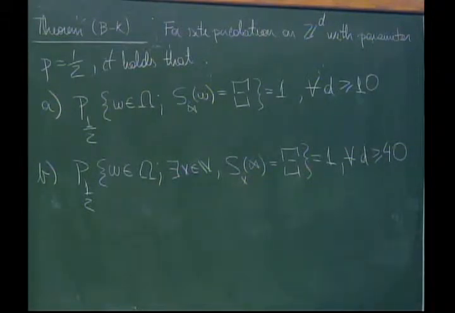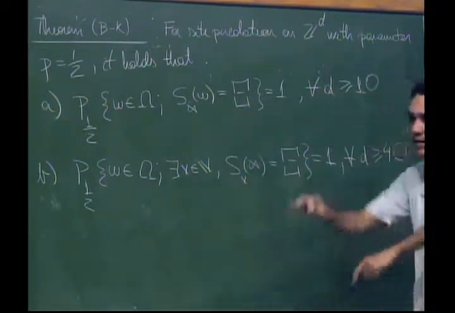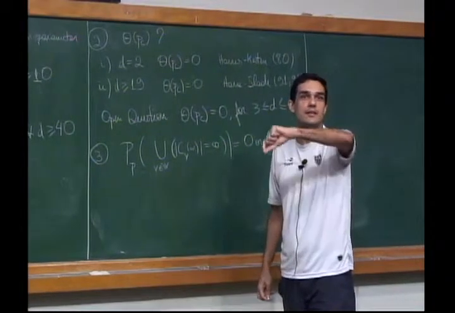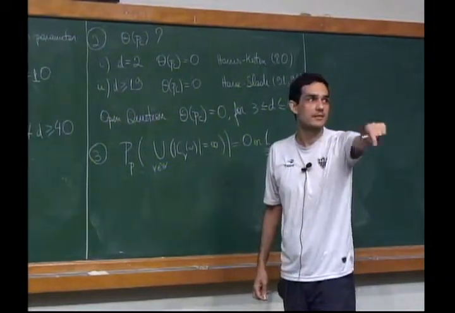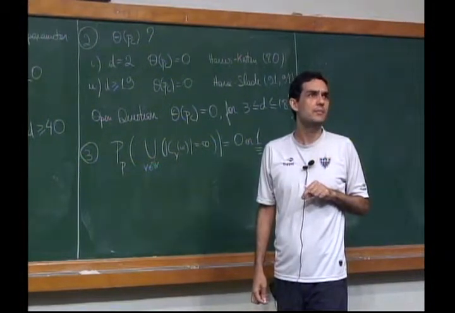If d is at least 10, we can see all words starting anywhere. If d is bigger than 40, there exists some vertex such that I can see all words starting from this vertex. Is this theorem clear?